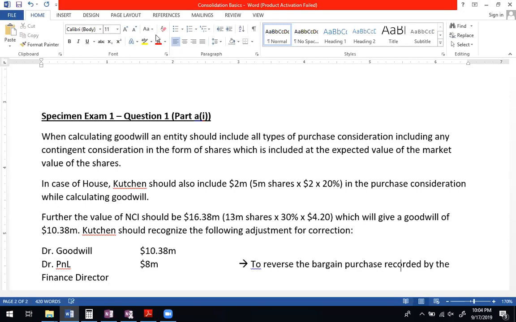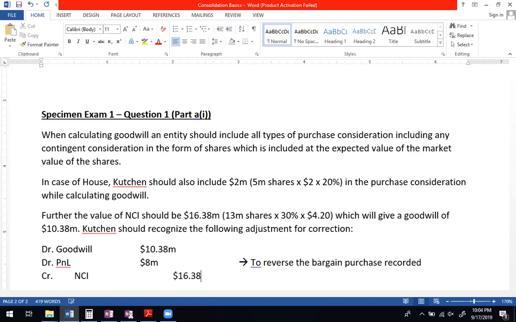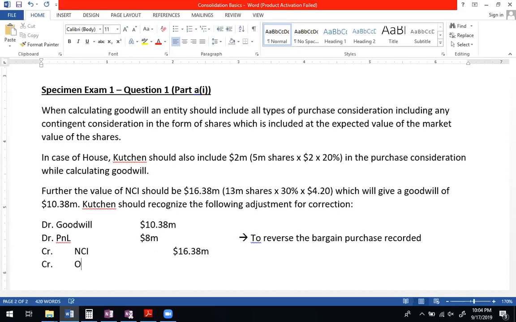So I'm writing for you people's understanding, not for the examiner. We can just say recorded. Now the next thing is we are going to credit the NCI by $16.38 million, and we're going to credit the OCE by $2 million.